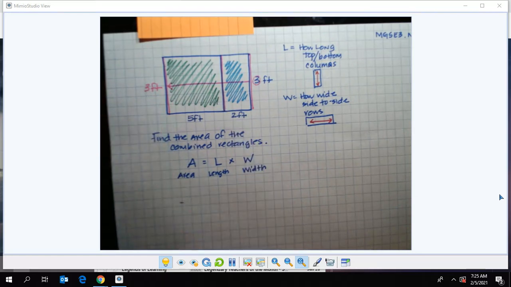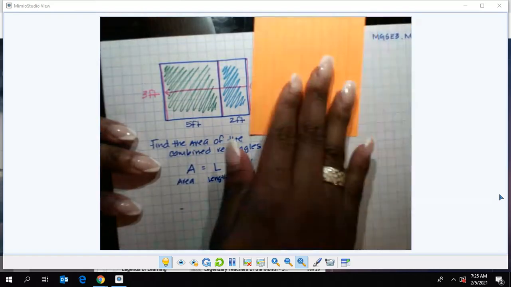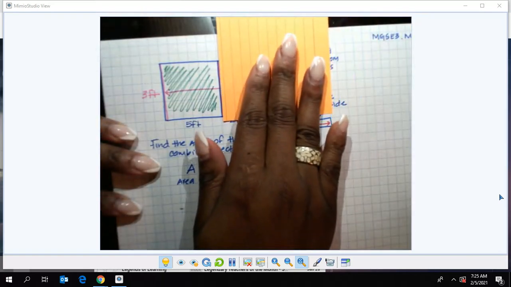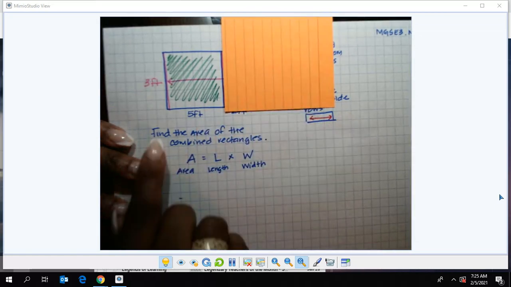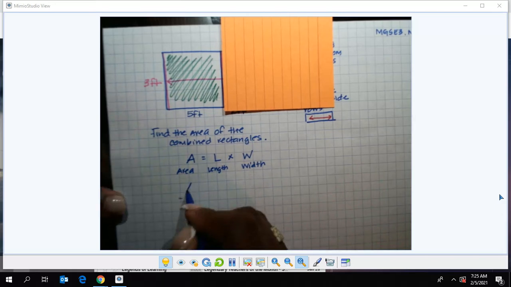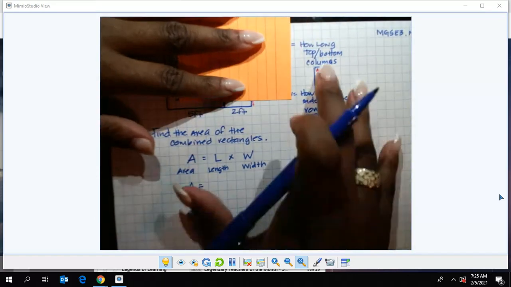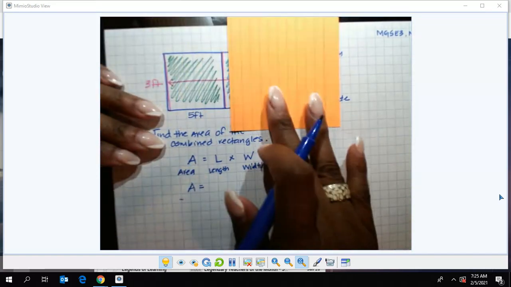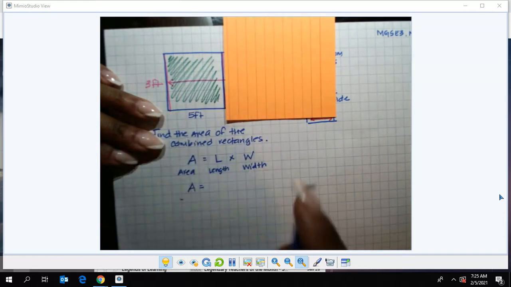So now that I know what the width is of my green rectangle, I'm going to cover that back up just so I don't get confused. And the next step is plugging in the numbers into our equation. We don't know A yet. That's what we're looking for. So rewrite A equals length. Length is top to bottom, column. So what number is on the top or the bottom? There's no number here, but there's a number here. So I need to put 5.